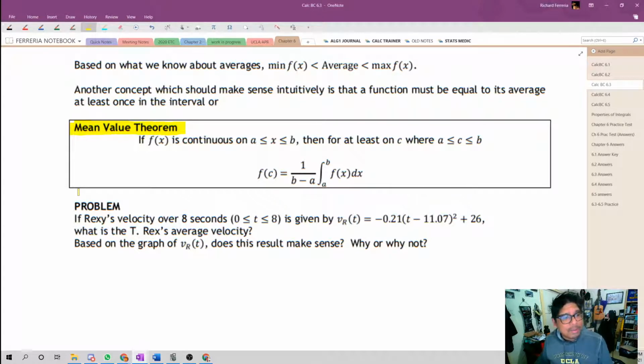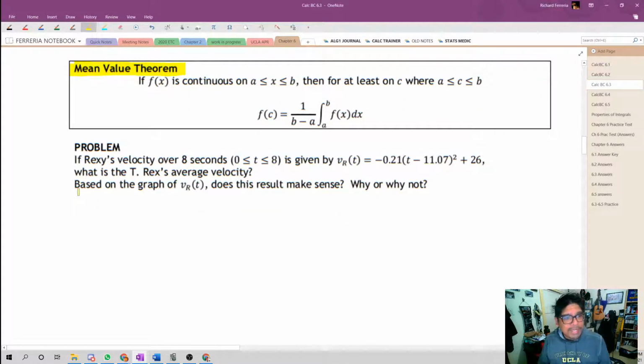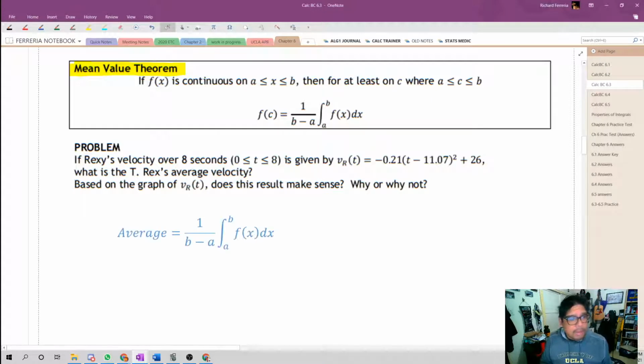So that said, we can go into this problem with Rexy, and it says, what is Rexy's average velocity? All right. The average is always equal in calculus to 1 over b minus a of the integral of f of x. Now we're going to substitute things. We know that a is 0. We know b is 8.